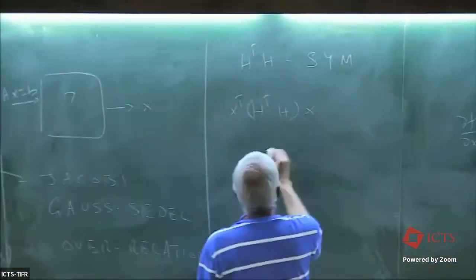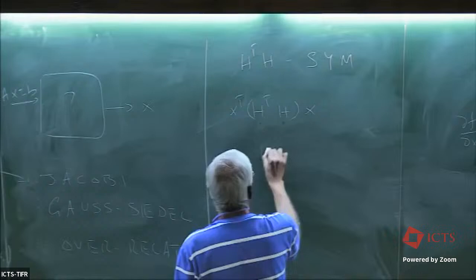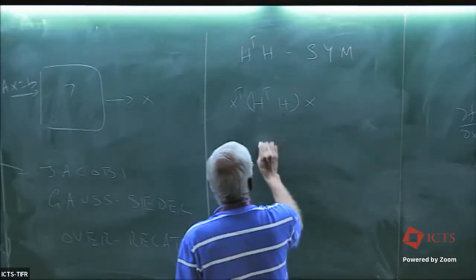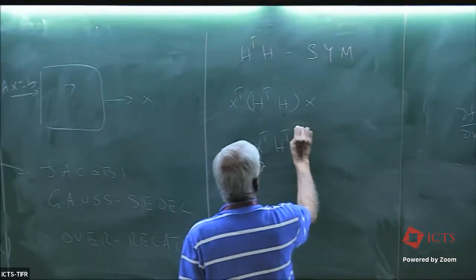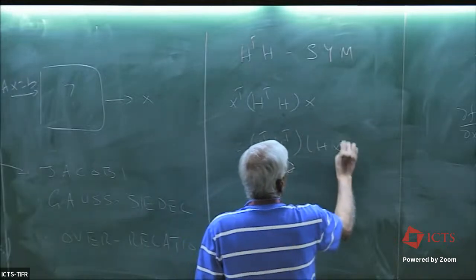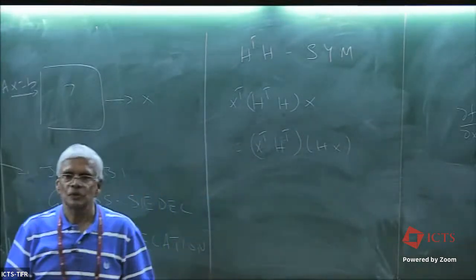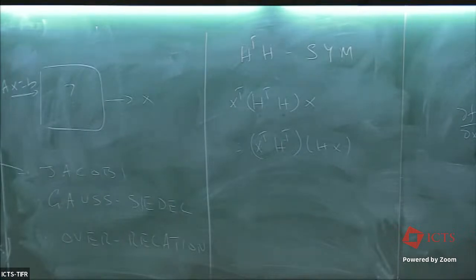To show that it is positive definite, I'm going to rewrite this as X transpose H transpose H of X. You remember the matrix product is associative. Matrix product is not commutative. What is the difference between commutativity and associativity? Associativity tells you I can group them any way I want.